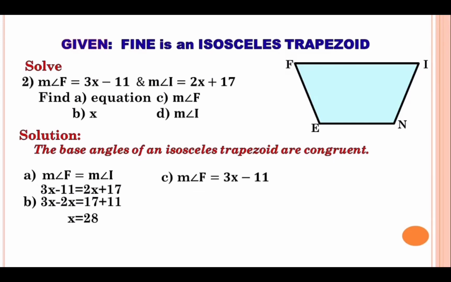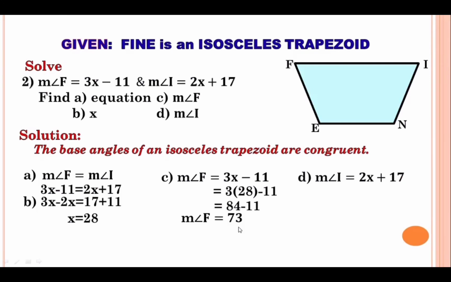Now for the measure of angle F, we have 3x minus 11. So in place of x, we write 28. So 3 times 28 minus 11. 3 times 28 is 84 minus 11. We have 73. So the measure of angle F is 73. Now the measure of angle I is represented by 2x plus 17.